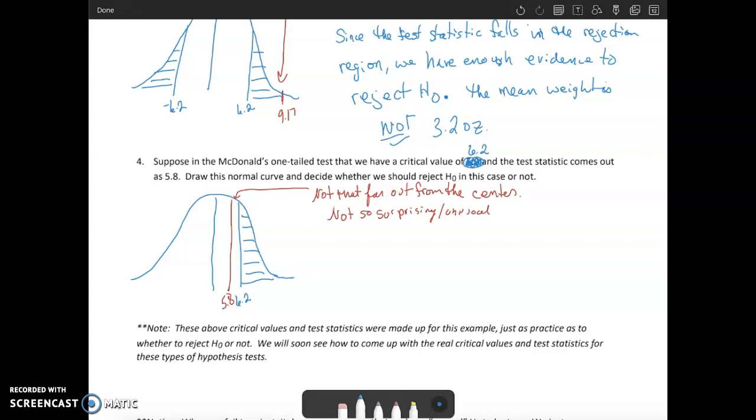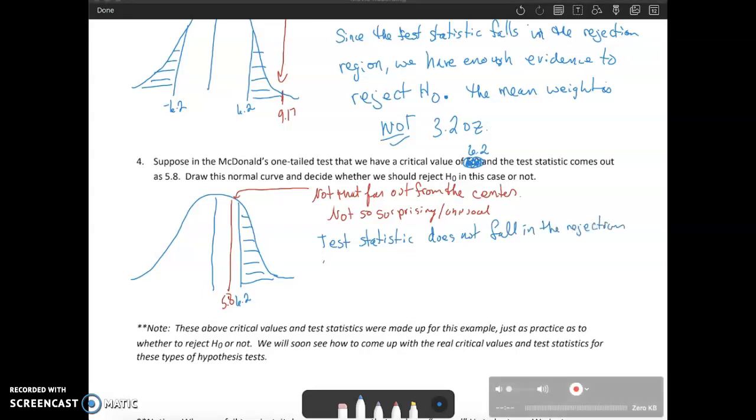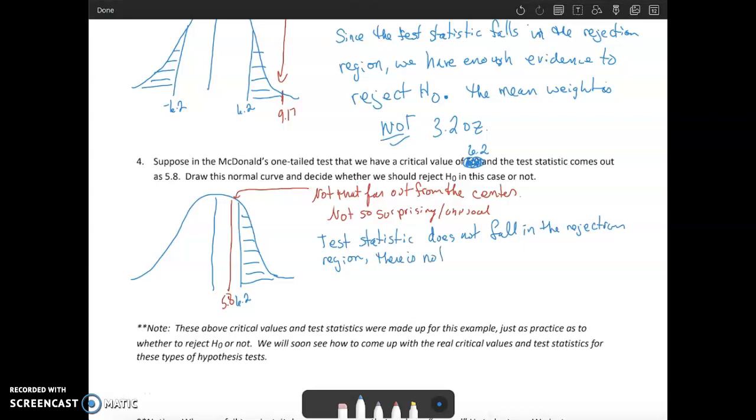So when your test statistic does not fall in the rejection region, what that means is there is not evidence to reject the null.